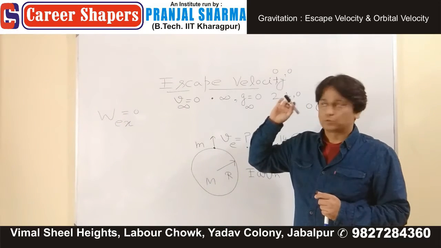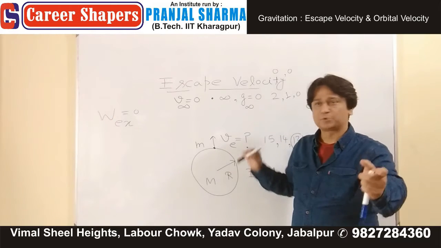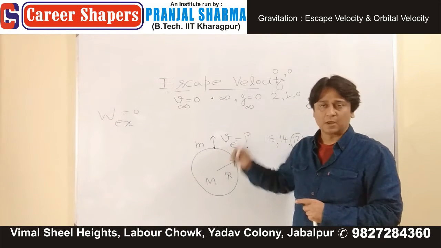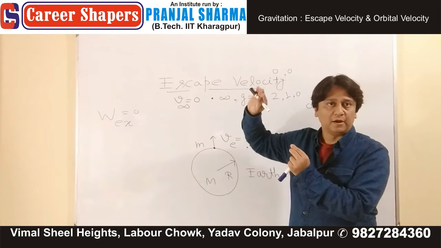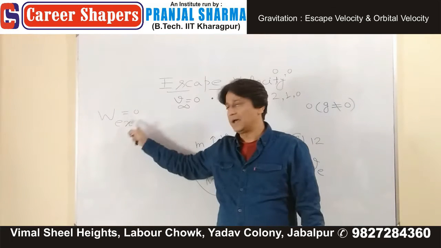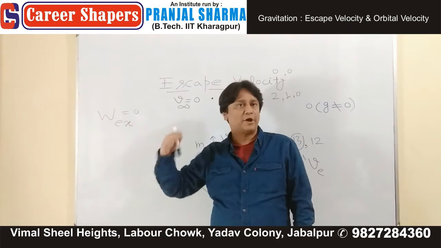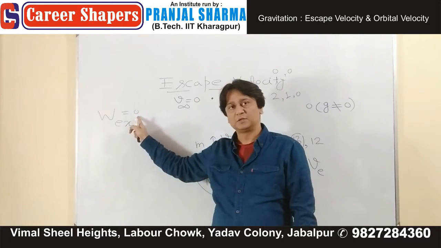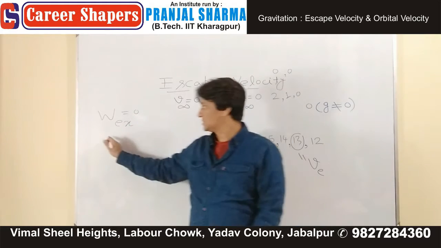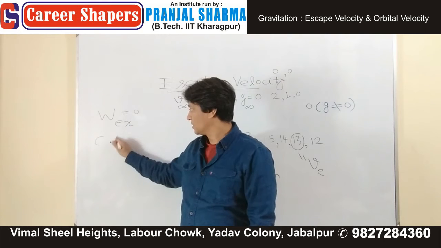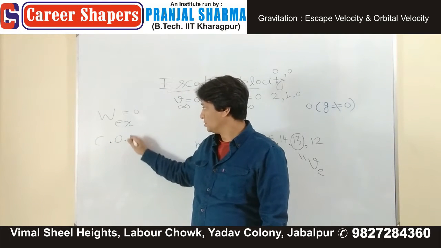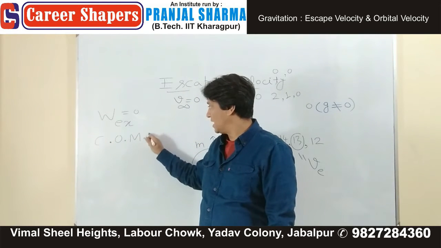You gave this object some speed which is ve. The moment it leaves your hand, W external from that point onwards becomes 0. If W external is 0, we will use COME.